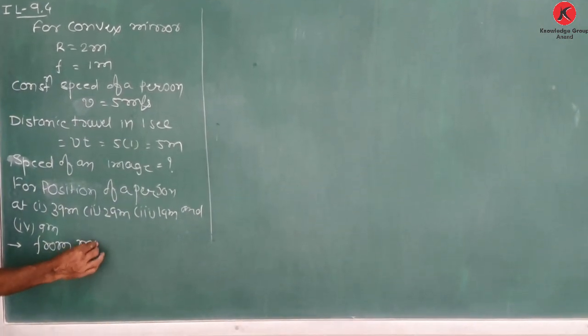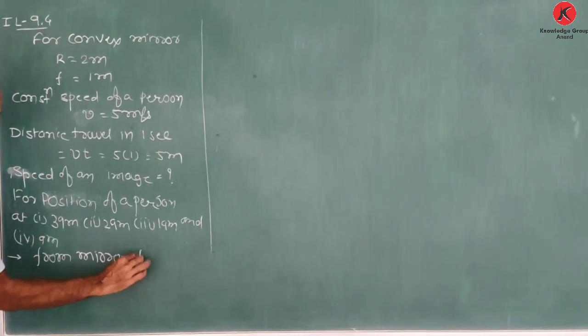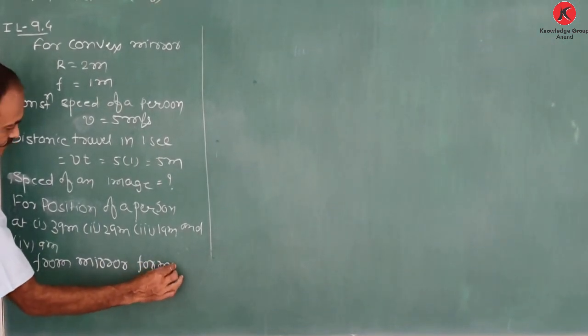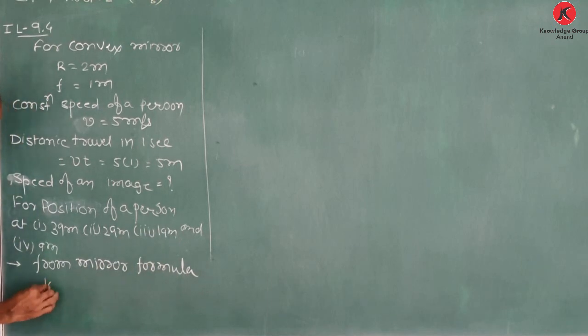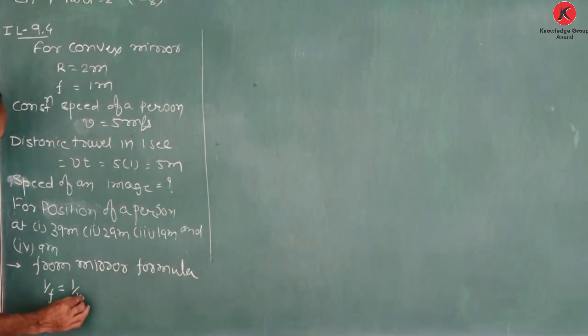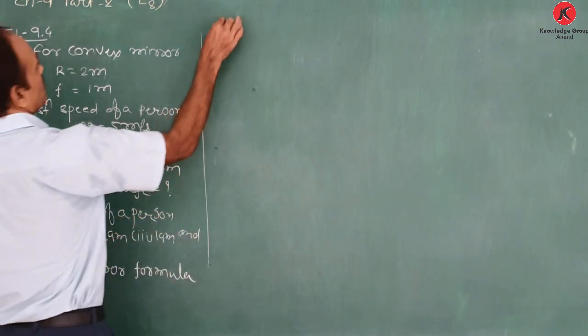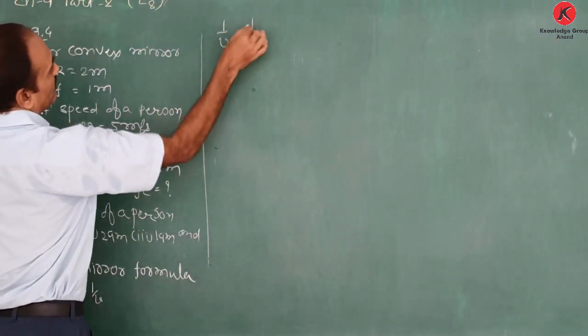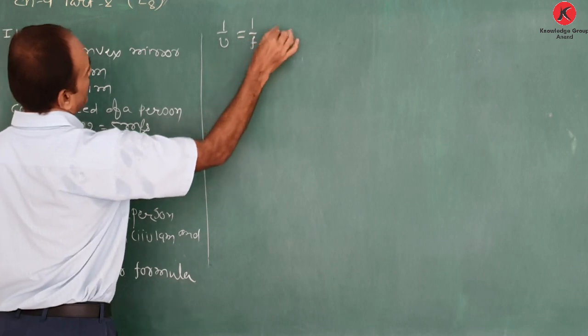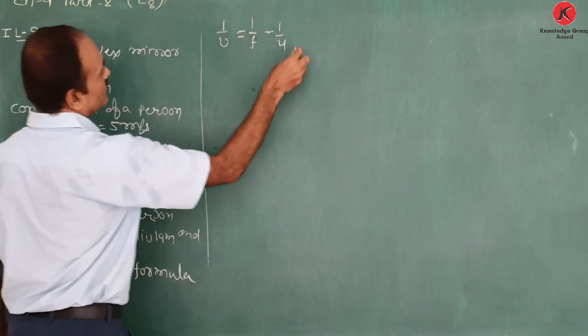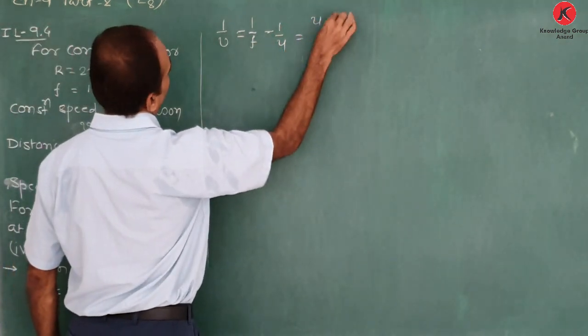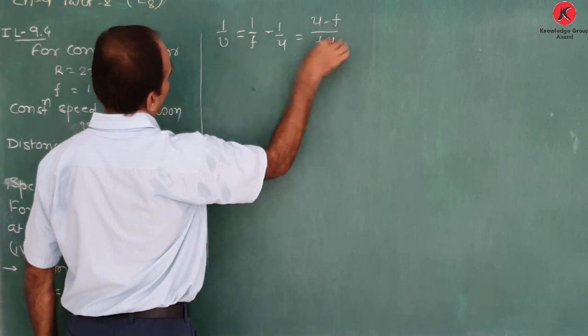From the mirror formula, 1 upon f is equal to 1 upon u plus 1 upon v. From this, 1 upon v is equal to 1 upon f minus 1 upon u, which is u minus f upon fu.